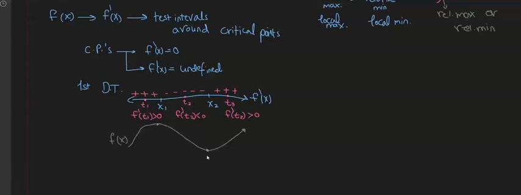So this is what we know about the function from just the sign of the f dash at these testing points. And also we might include that x1, and its corresponding y, is a relative maximum, which we call an extrema point.